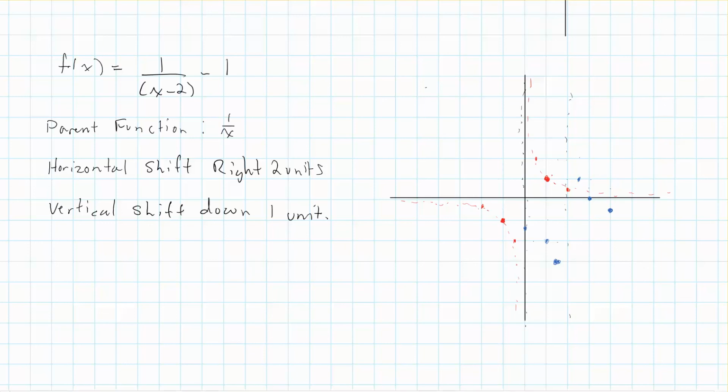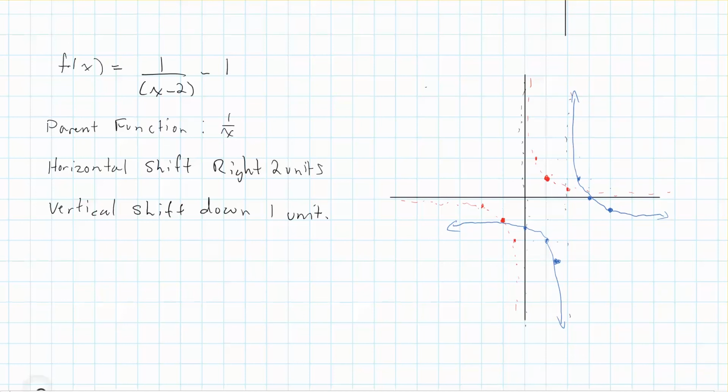And so, to kind of guide you here, this is going to go down like this, and then to here, and then this is going to go down to here, and then up to here.